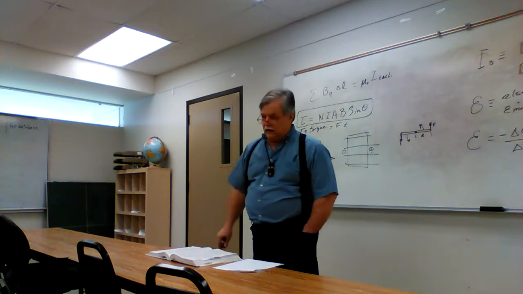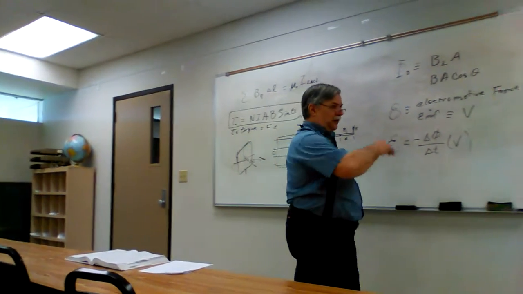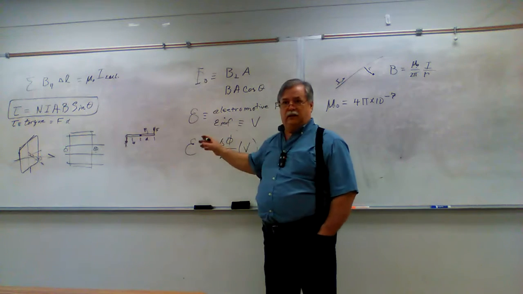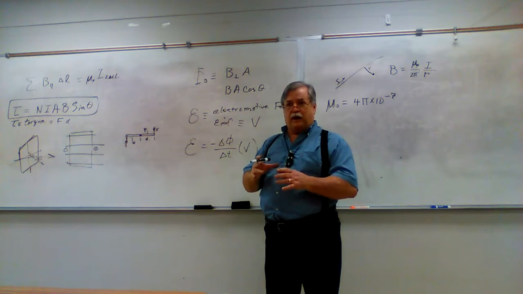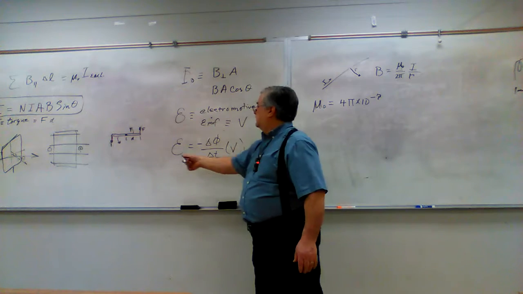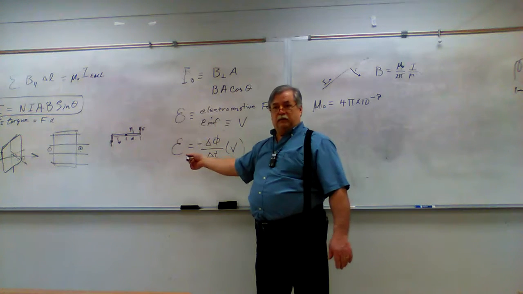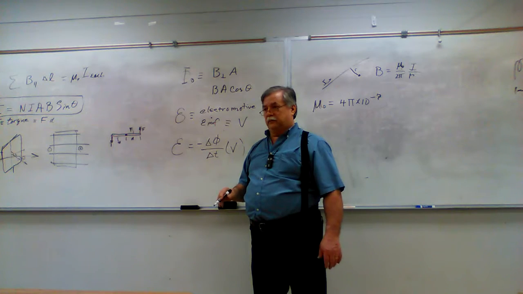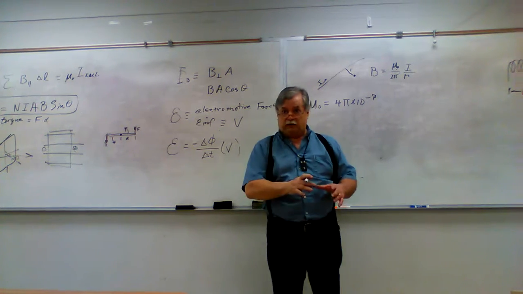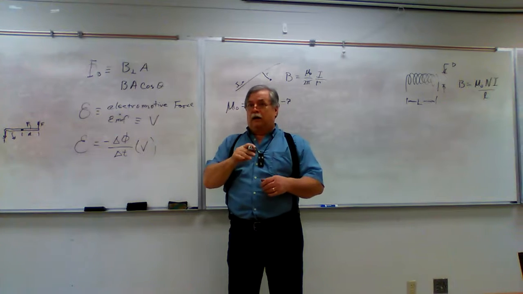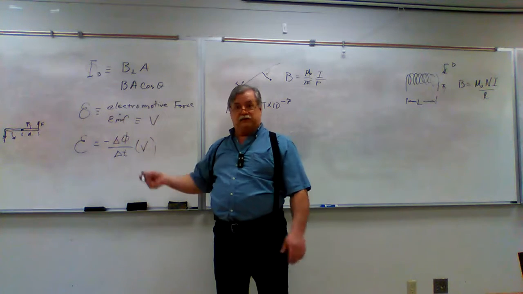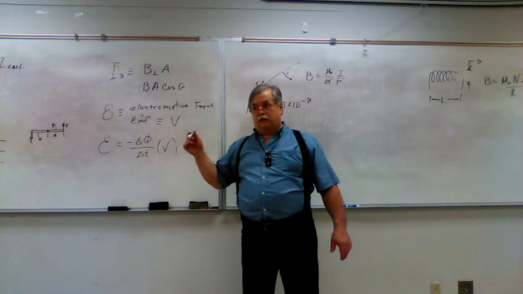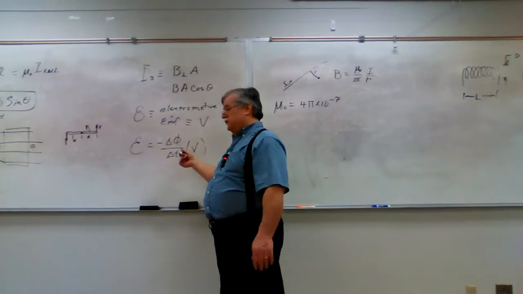Now, that means if you have a loop of wire and the flux is changing passing through that loop of wire, this is the amount of EMF or the voltage that's going to be induced in that wire. It's an actual voltage induced into the wire, and that voltage divided by the resistance of the wire would tell you the current that would flow through that wire because of that changing magnetic field.